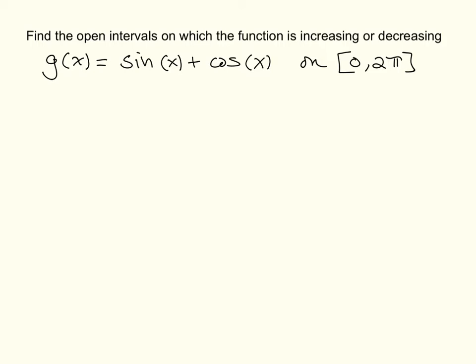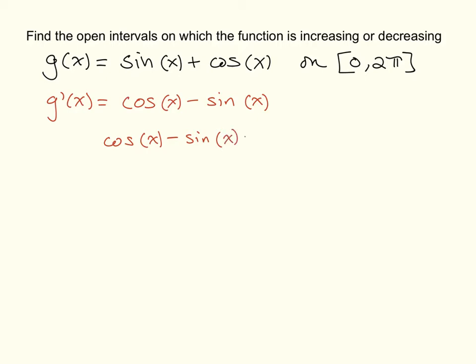To find the critical values, we need to find g prime of x, and that is cosine of x minus sine of x. Once we have this information, we can now set it equal to 0 and solve for x, and look for any undefined values of this derivative.